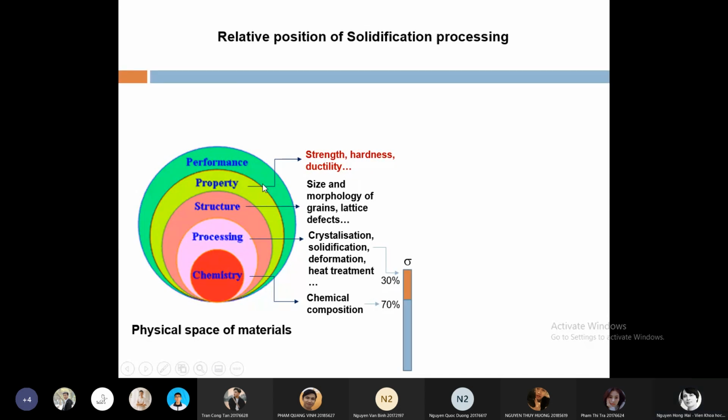These properties and performances, such as fatigue, creep, corrosion, and wear resistance, and so on.